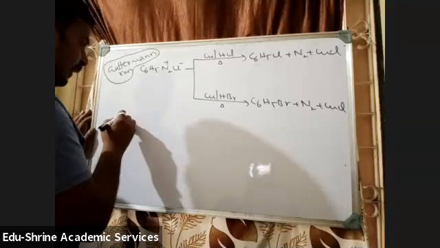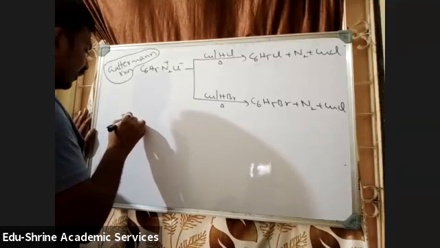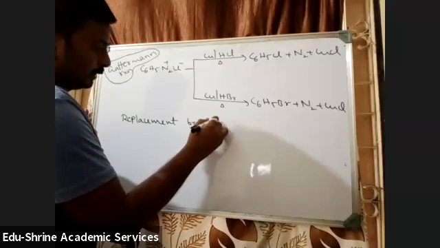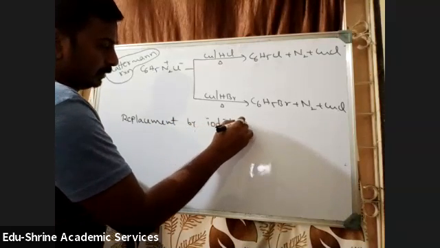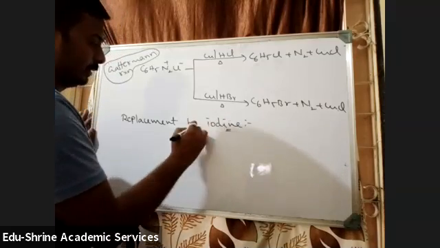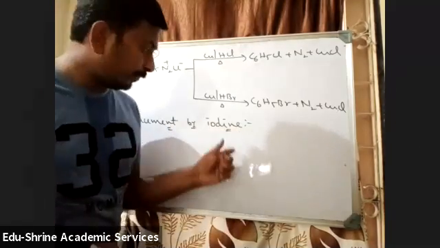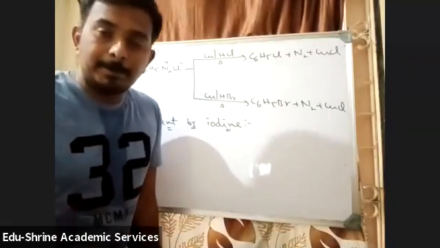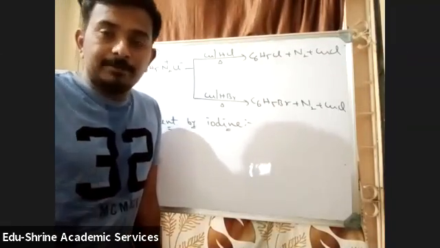Next one, replacement by iodide. Tell me, students, what I need to do in order to get iodobenzene from benzene diazonium chloride.